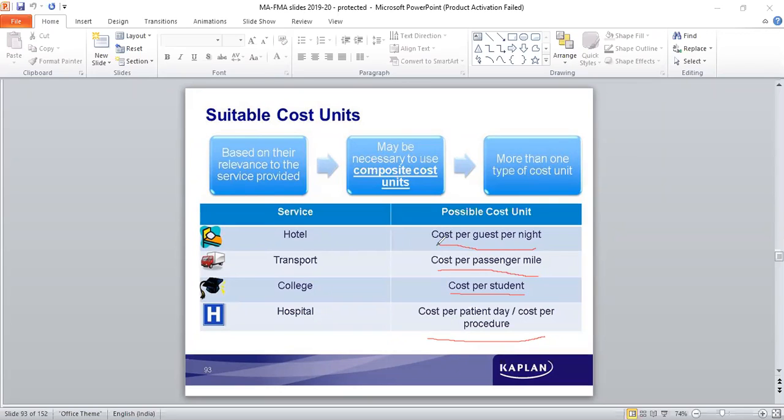Cost per guest per night, or cost per passenger, the number of passengers who travel for X number of miles. So cost per passenger mile, cost per student, cost per patient, or cost per procedure. So that's how the unit measurement differs from business to business.